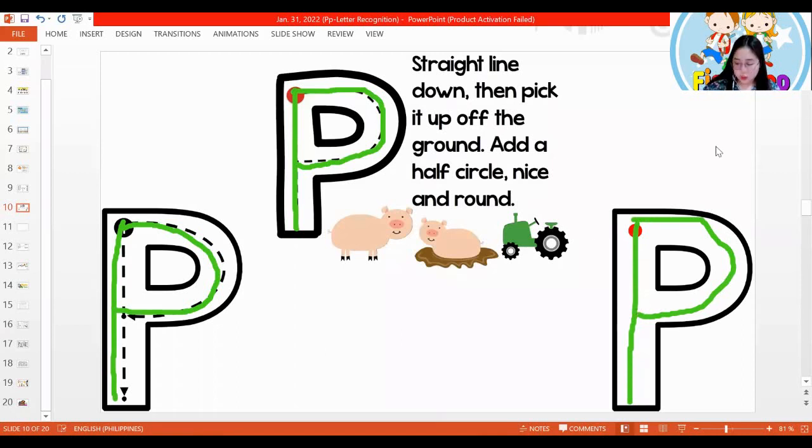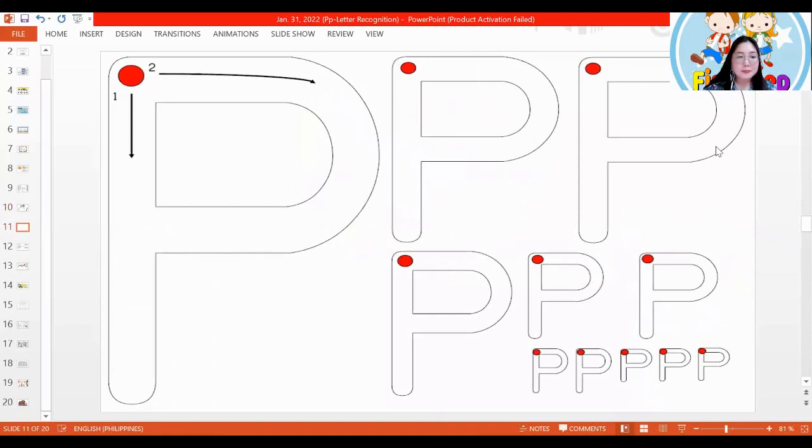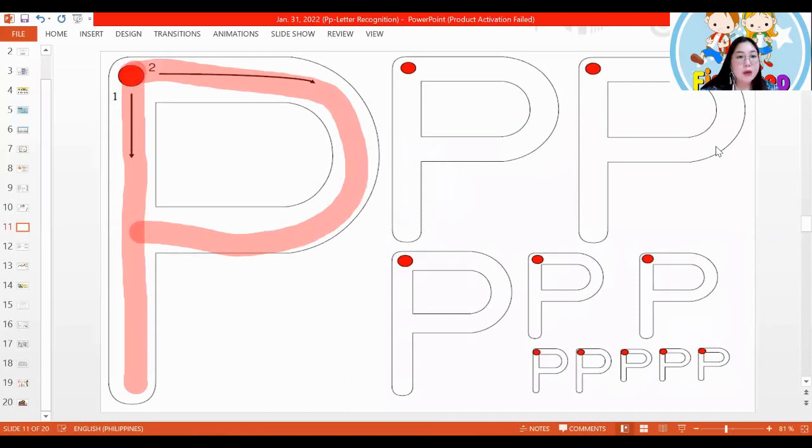Let's go and practice some more. Get your paper that looks like this and let's practice making our capital letter P. But first, you have to write your name, okay? Always remember to write your name first before anything else.